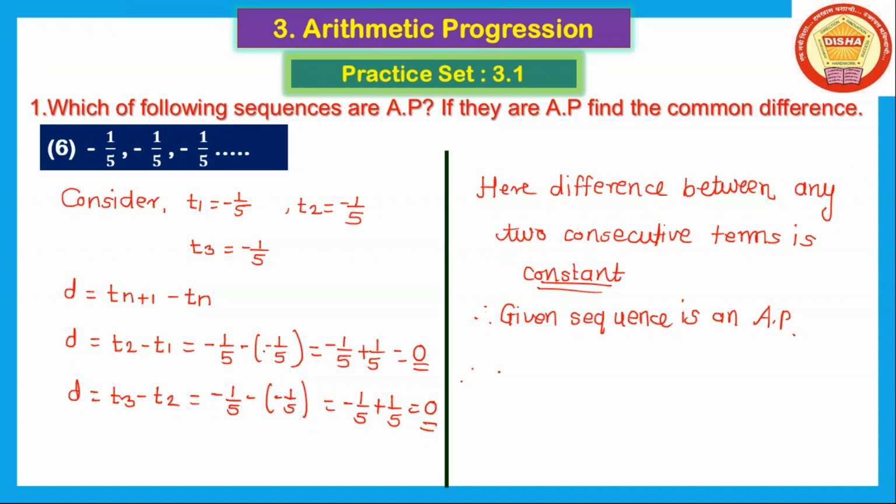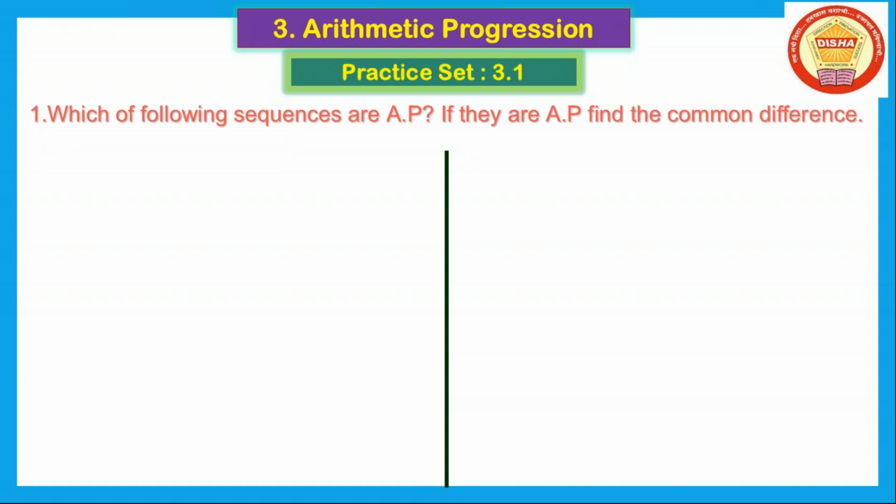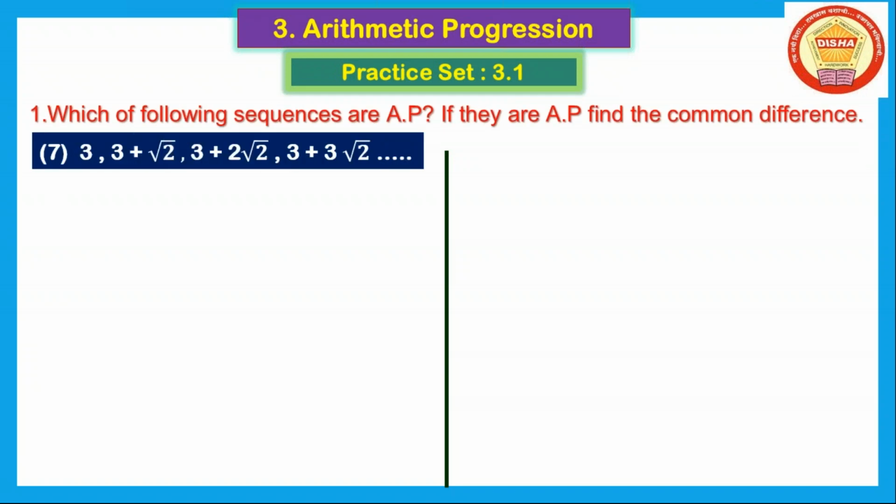Okay. For next we write here common difference is equal to 0. Okay. Then we see the last example from question number first. It is too much complicated.